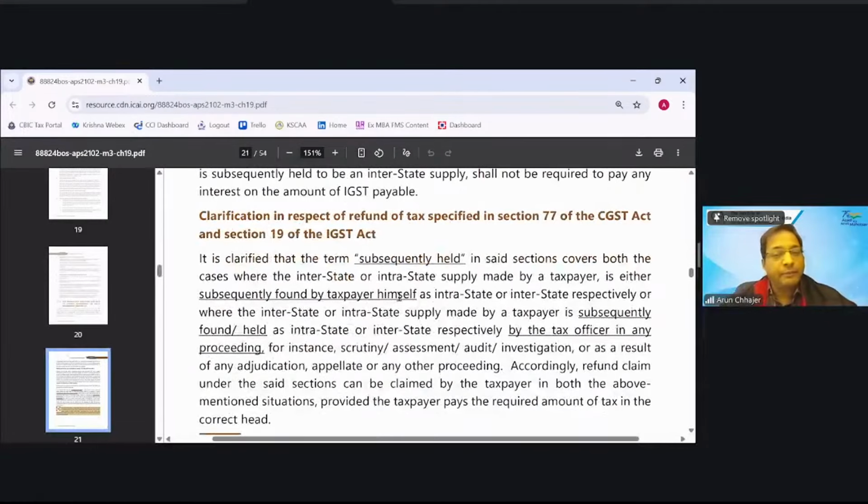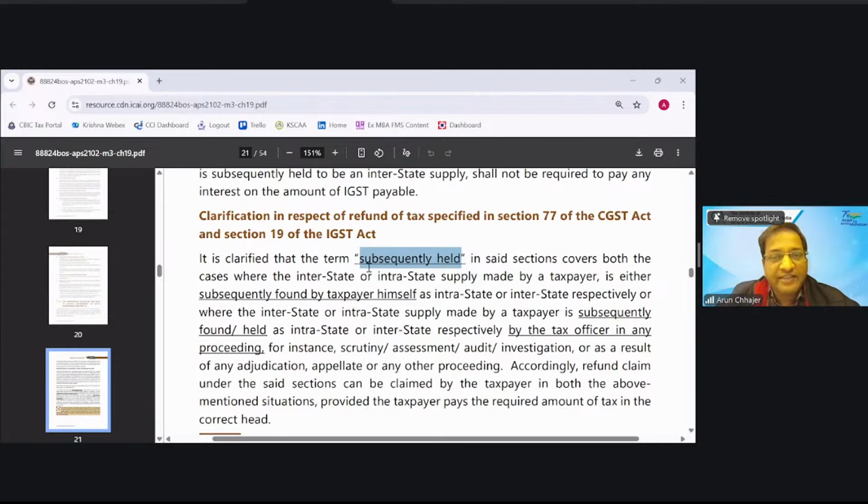ठीक है. अब प्रॉब्लम क्या थी? सब्सिक्वेंटली हेल्ड के केस में एक क्लैरिफिकेशन था कि सब्सिक्वेंटली हेल्ड कब, बाय द ऑफिसर या बाय द टैक्स पेयर, और बाय बोथ, एनीवन. Either taxpayer identify and do this adjustment, or officer identify and do this adjustment.